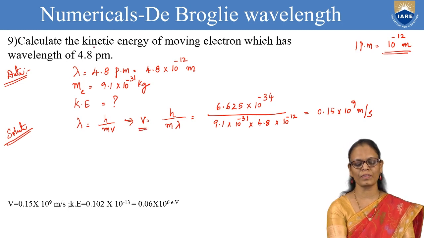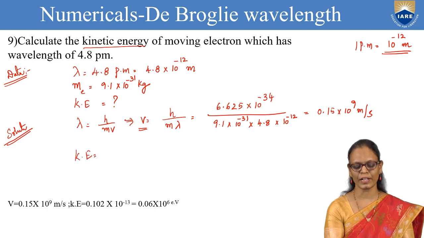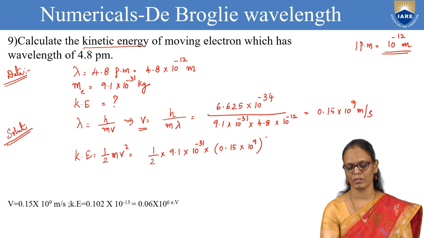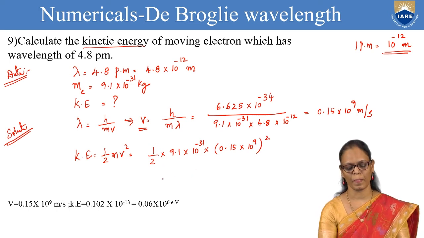So once you get the velocity, you can find the kinetic energy very easily. Kinetic energy is equal to half mv square. So half m is 9.1 into 10 power minus 31, into v square, 0.15 into 10 to the power of 9 whole square.